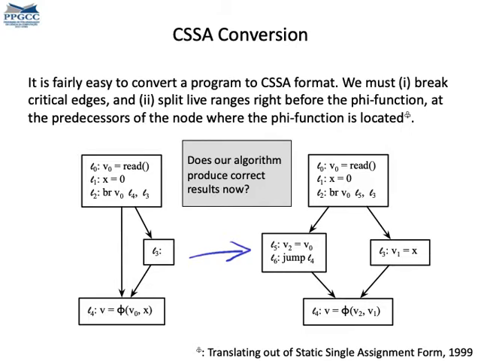Notice that we need to eliminate critical edges for this to work. So on the right, we have the optimized program, now back into CSSA form. Notice that this transformation sort of undid the benefits of the optimization that we had seen before with copy propagation. In the end, we might have more copies in the program.